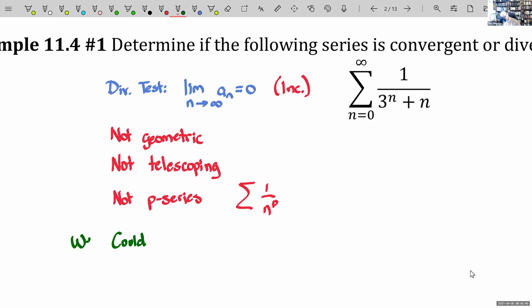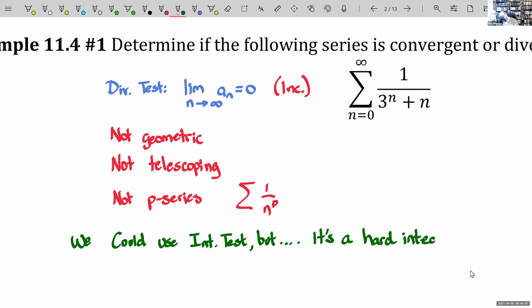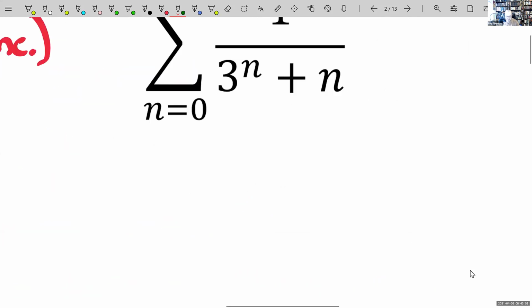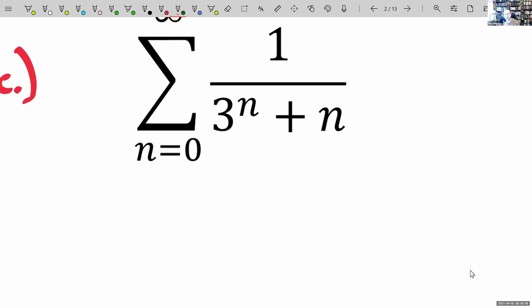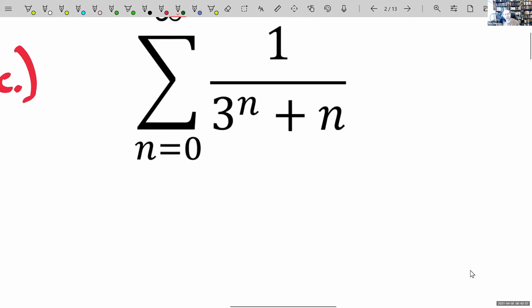I'll say we could use the integral test, but it's a hard integral. If you like to integrate, and I love to integrate, then go ahead and try to integrate 1 over 3 to the x plus x. It doesn't work very nicely.